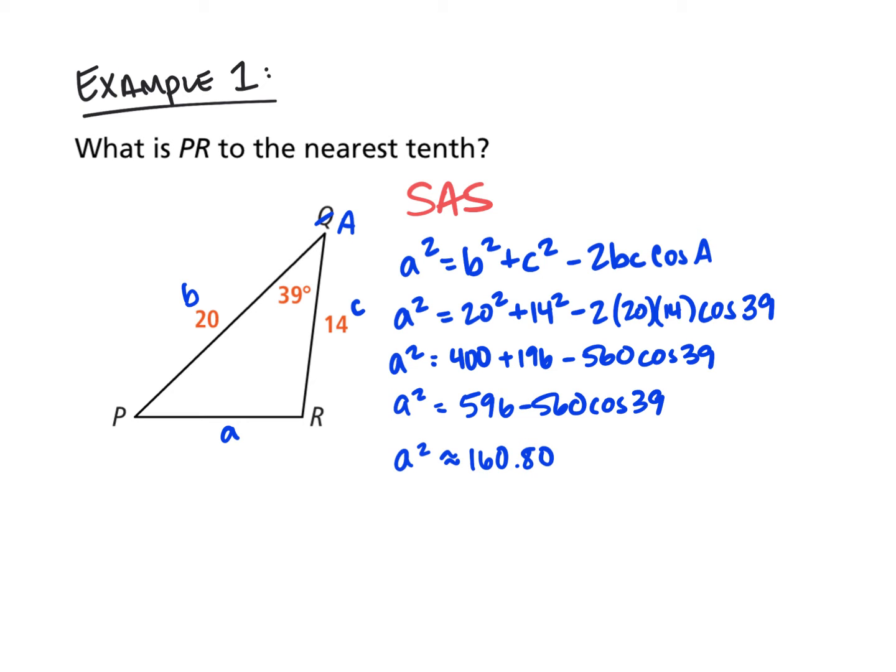I just went ahead and rounded to 2 decimal places in this instance. Now I know that the next thing I need to do is square root this side, so I'll just hit the square root button of my last answer on my calculator. And I'm going to get a value for A. A is equal to about 12.7. So that's my answer. A is about 12.7.